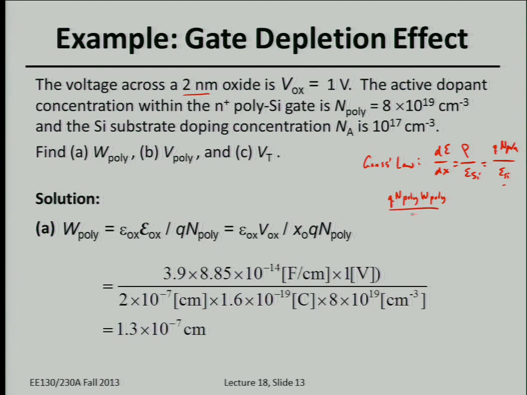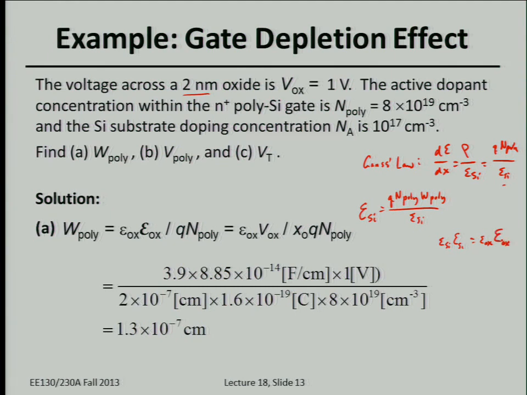So if we integrate this Gauss's law equation, this is going to give us the electric field in the silicon right at the oxide interface. But we know that the electric displacement has to be continuous across the gate and gate oxide interface.